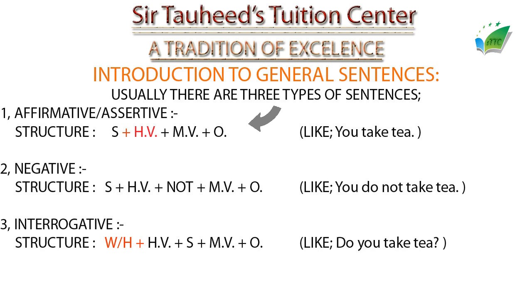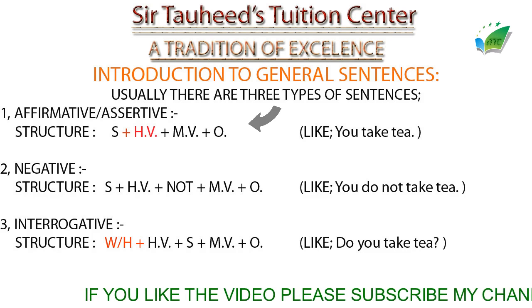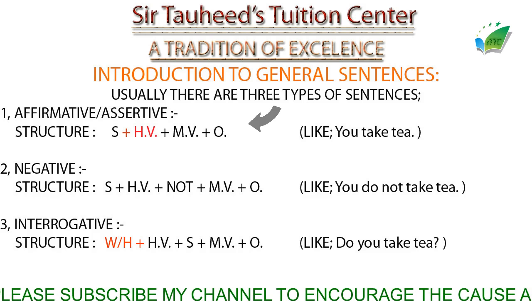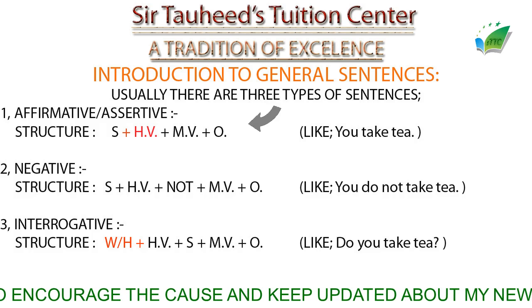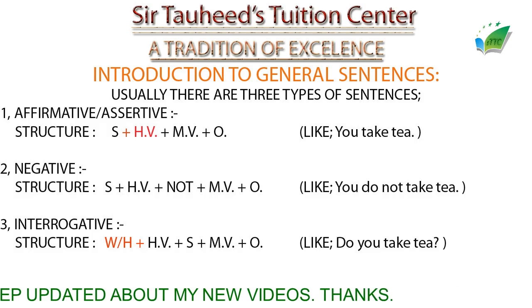In the present indefinite tense there is no use of helping verb. I really mean to show that helping verb is not necessary every time in affirmative sentences. In this sentence you can see there is no helping verb. There is a main verb, that is take. After main verb there is an object which is tea here. You take tea. You is subject, take is main form of verb, and then tea, which is object here.